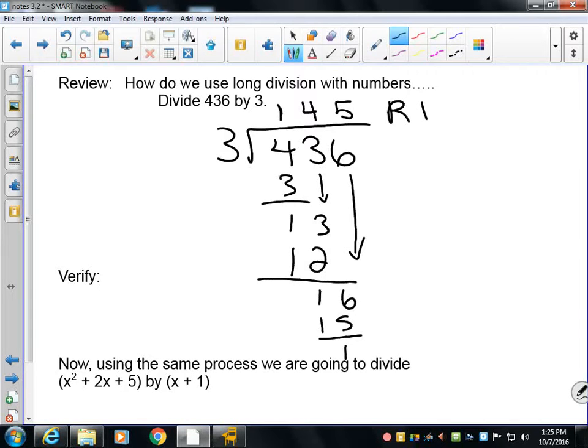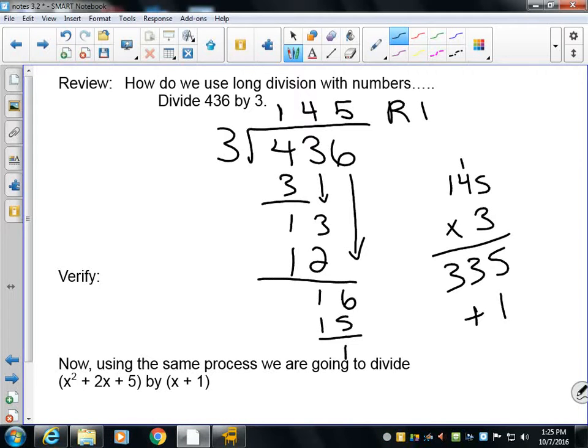Okay? Now, to verify this, what do you actually do? You go 145 times 3, but what do we do with the remainder at the end? We add 1 at the end. So 3 times 5 is 15, carry the 1, 3 times 4 is 12, 13, gives me 335.